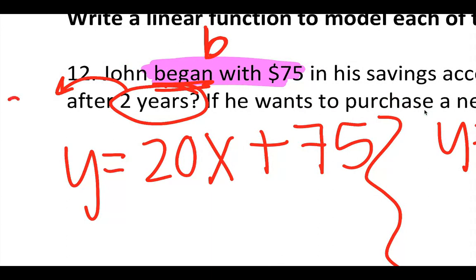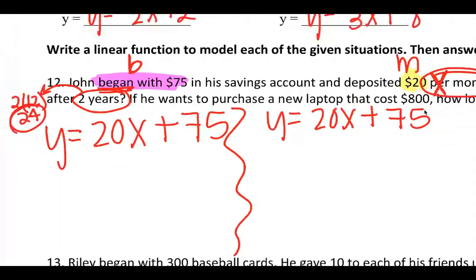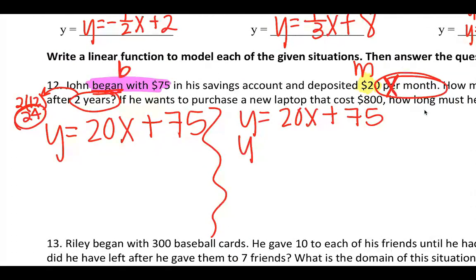So that's 2 times, how many months are in a year? 12, right? So that should be 24. So I'm going to plug in 24 everywhere I see an x. 20 times 24 plus 75. So that way it will tell me how much we have after the 24 months or 2 years.